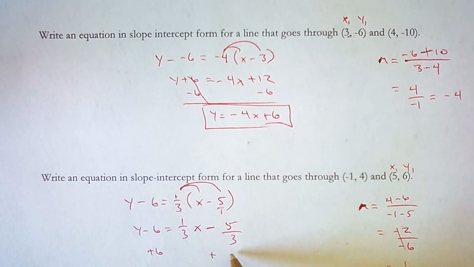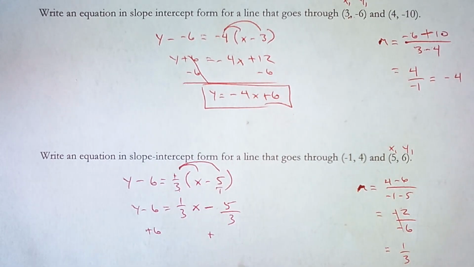But when I write that over here, let's write that with a common denominator. So we need a denominator of 3. So we're going to take that 6 and multiply the numerator by 3 and the denominator by 3. So it's really 6 over 1, and we're multiplying the numerator and denominator by 3.